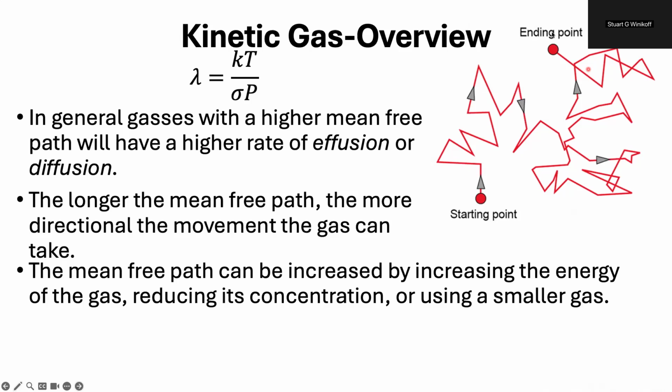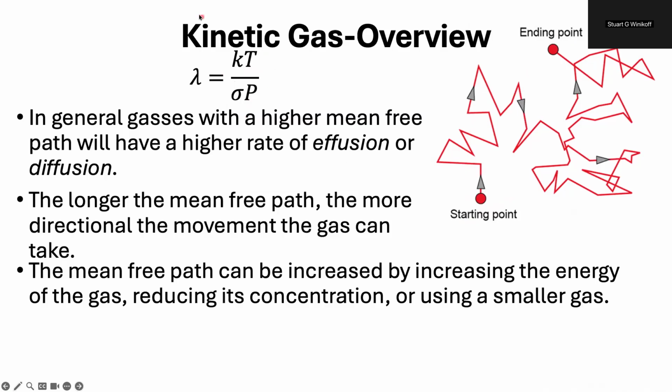Now, this is often important if you're trying to examine something like toxins. So if I release a toxic gas, it will tend to concentrate more in spaces with high pressures because it's going to collide with more things, or low temperatures because it just doesn't have the same energy. And this is also the reason why a lot of toxic molecules are often a little heavier.